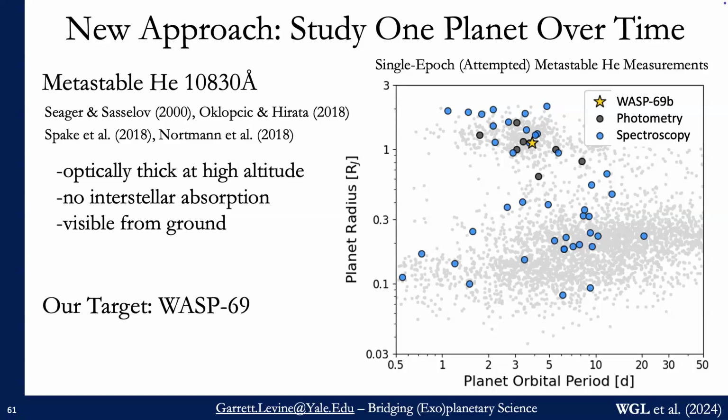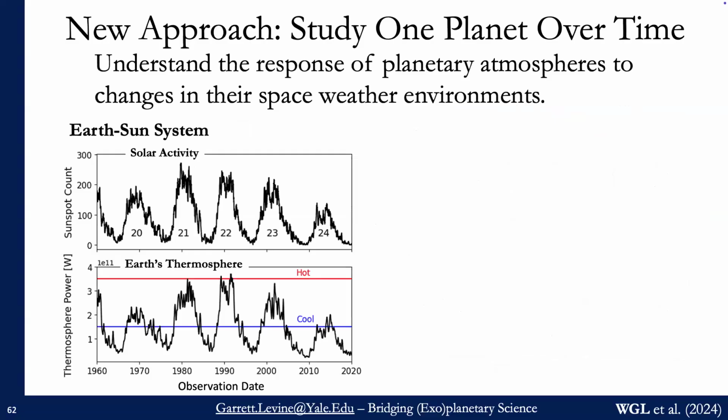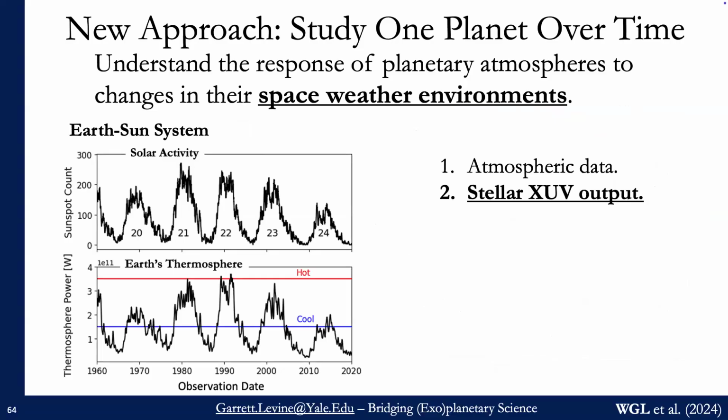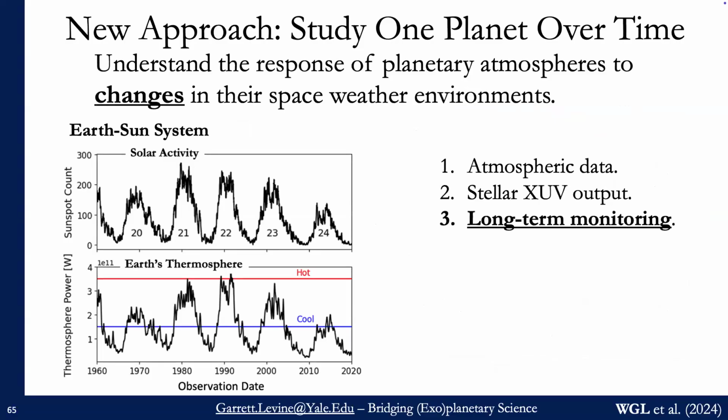Our target is WASP-69, a planet on the edge of the hot Neptune desert, and we're going to study it over time, collecting atmospheric data and stellar XUV data over the long term. This is a very observation-intensive study, which is why motivating it from both solar system and exoplanet perspectives is so important.